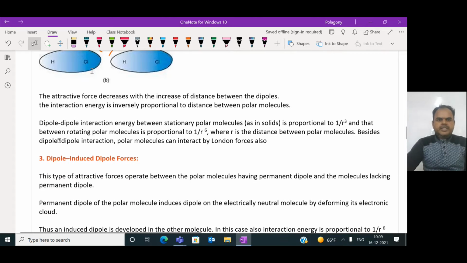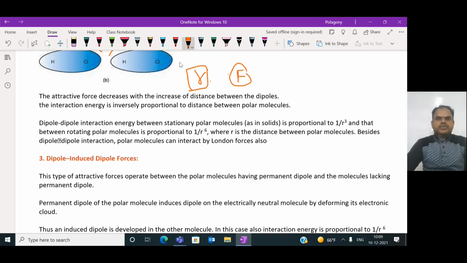So when the distance between them increases, the force of attraction decreases. When the force of attraction is increasing, the distance is decreasing. So the dipole interaction depends upon the distance separating the molecules.